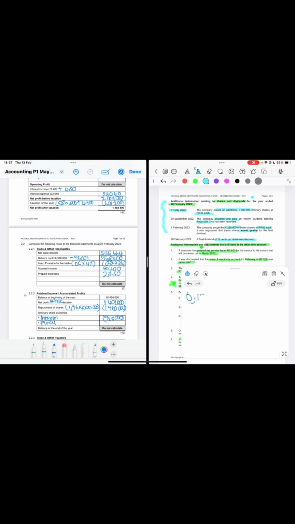So that was 0.18, and we're told that these shares would qualify for the final dividend. So meaning all shares before the buyback will get the final dividend.